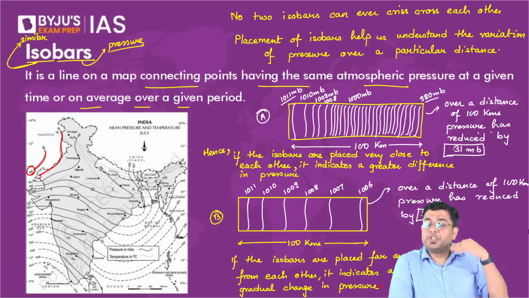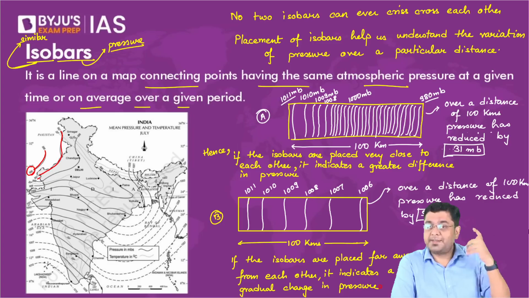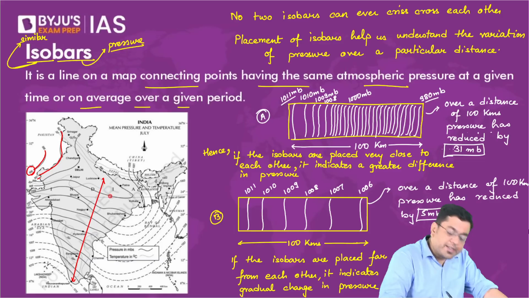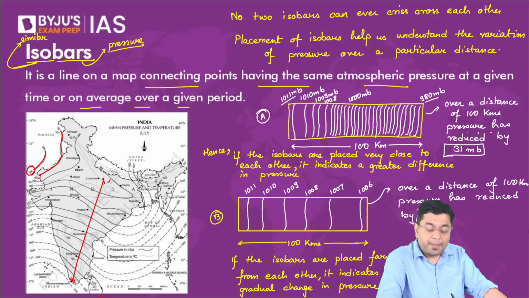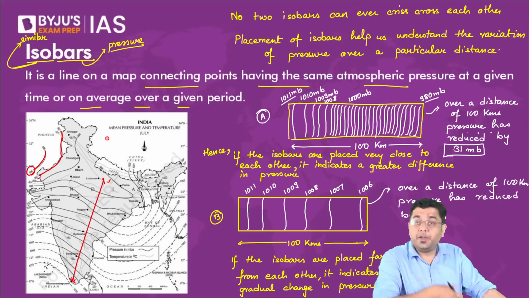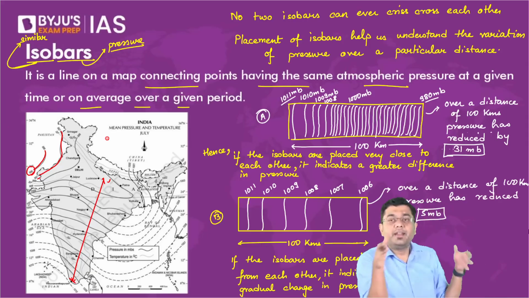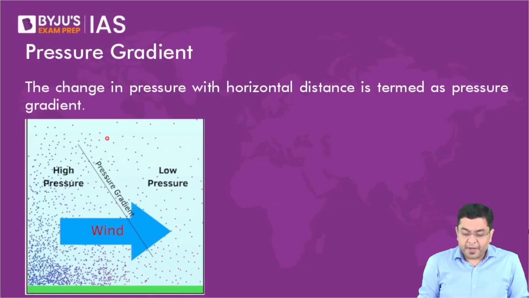For example, on this map, over this distance the pressure changes from around 999 millibar to around 1009 millibar. That variation in pressure over a distance is the pressure gradient.